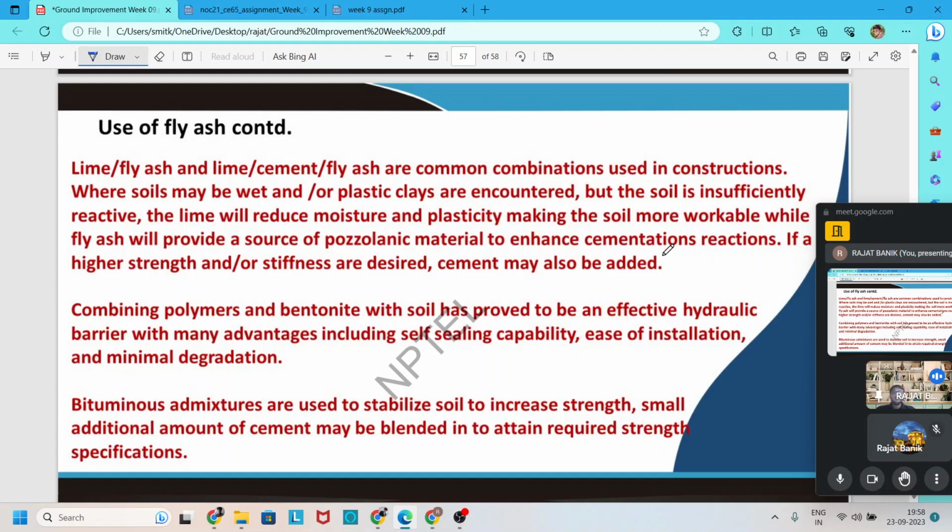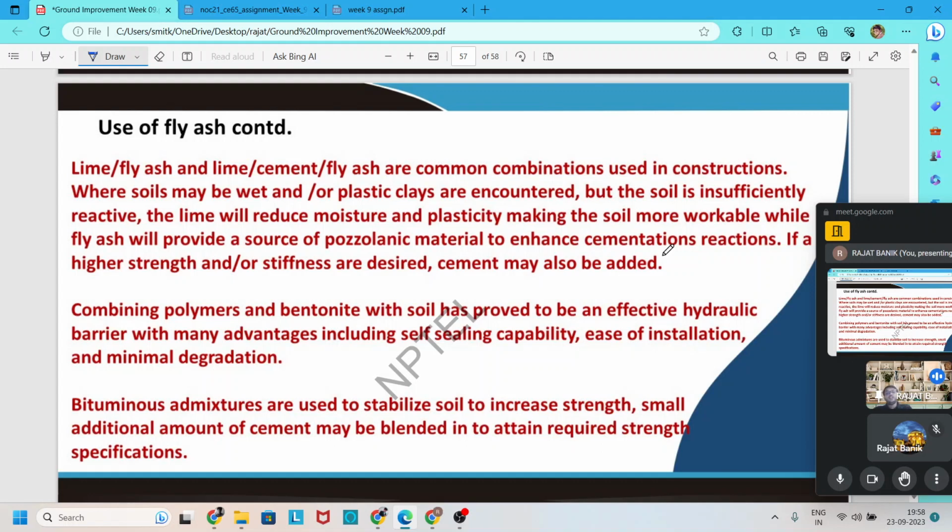It is used for self-sealing capability, for ease of installation, and also for minimal degradation.